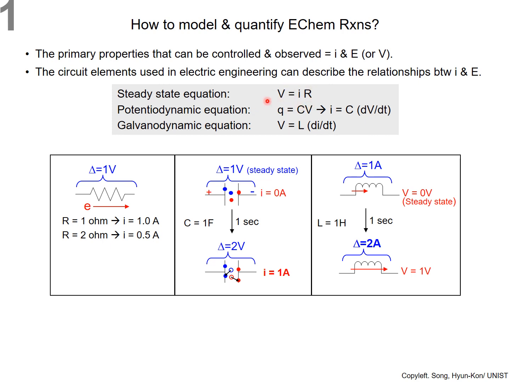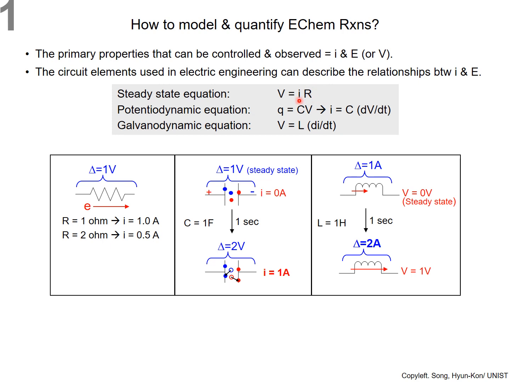The resistance is based on Ohm's law, as you know. So V is equal to IR. What does it mean? Potential is just proportional to the current, and the proportionality constant is resistance.